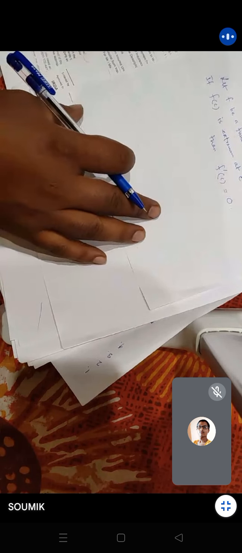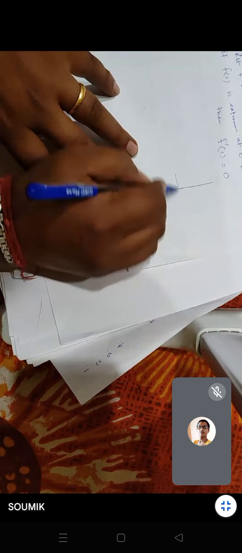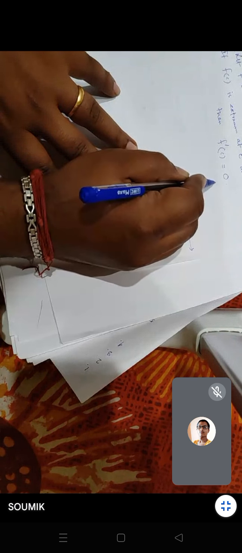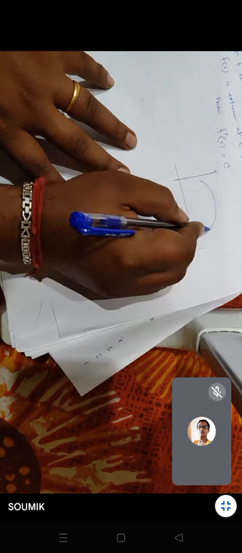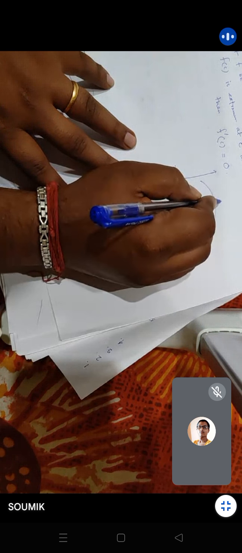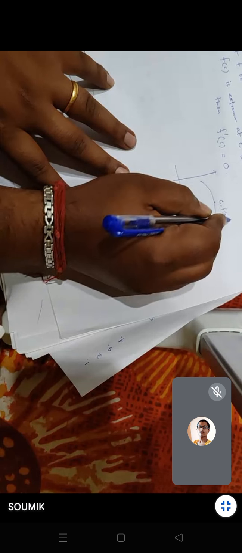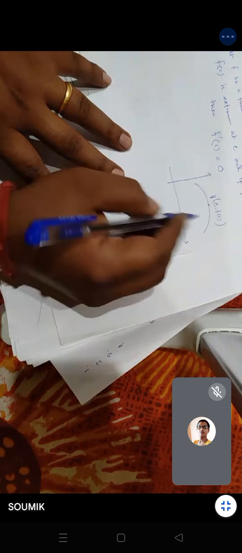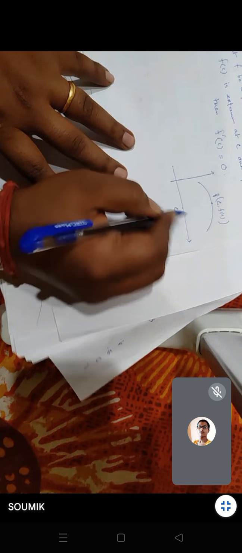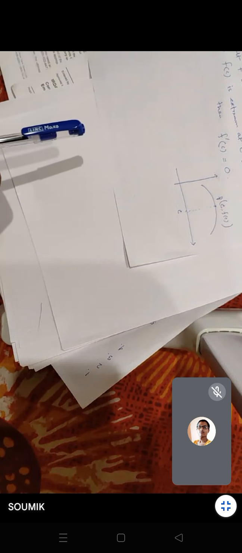Okay, so the geometrical significance is like, suppose this is the curve, and the point is c, f(c). This is the point P, and this is c, and this is f(c).